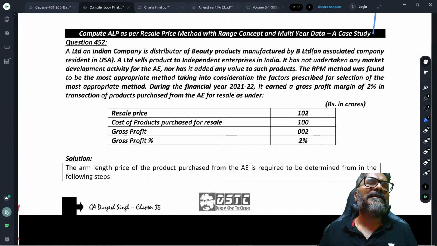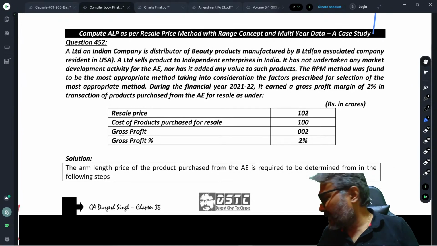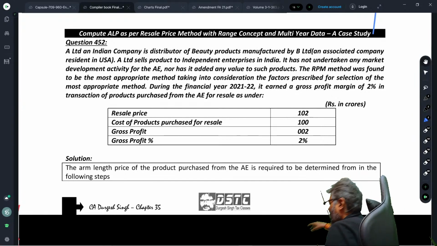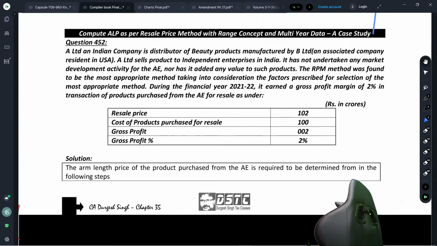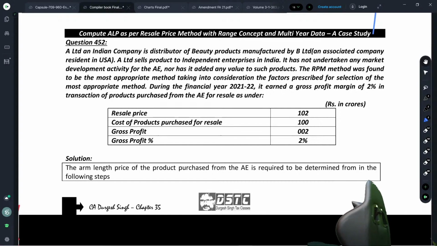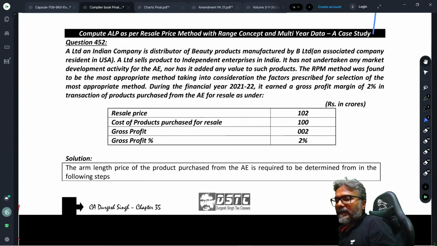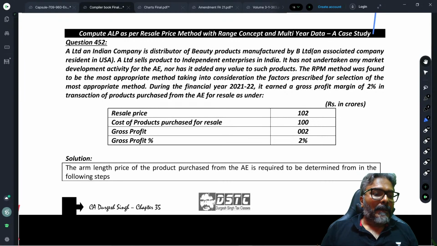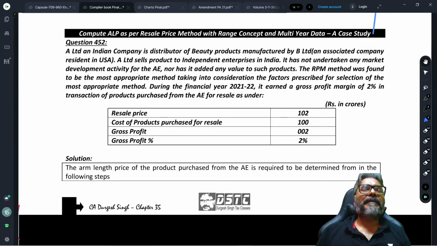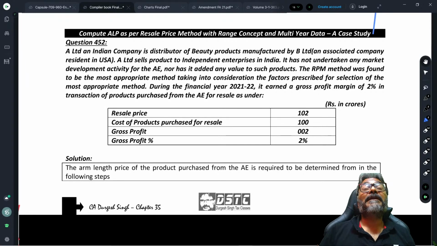Students, please understand, these three methods have one thing which is common. Can you tell me what is that common thing in these three methods? One is the cost plus method, another is the resale price method, and the third one is the transaction net margin method. What is the common thing? In these three methods, students, you will find that they are talking about the margin.